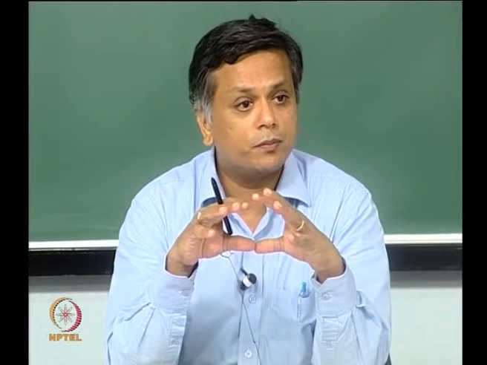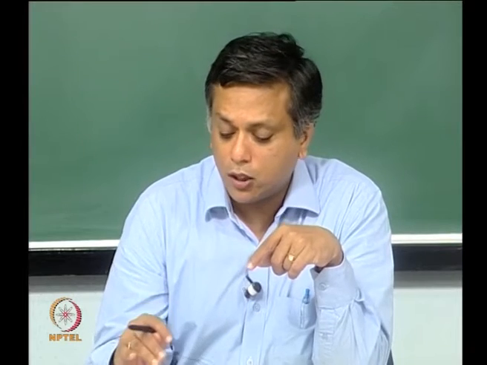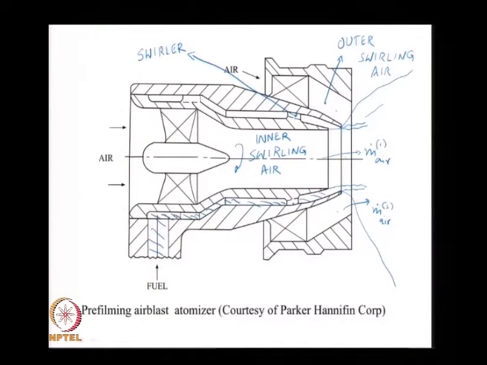Pattern is whether it is hollow or solid. By these three different handles, by controlling the mass flow rates of the two air streams in relation to the liquid flow rate, m dot liquid, this is one of the most widely used nozzle designs for aircraft applications.